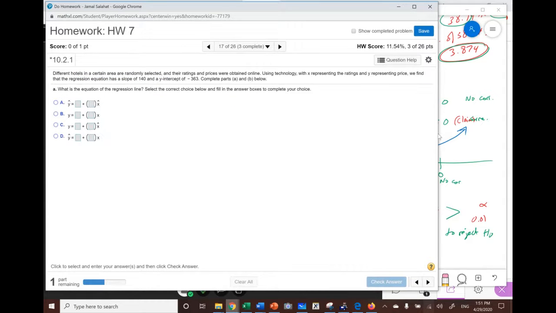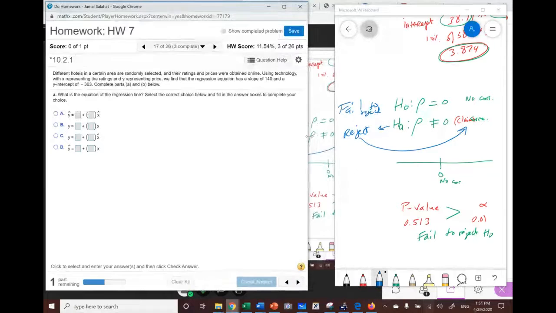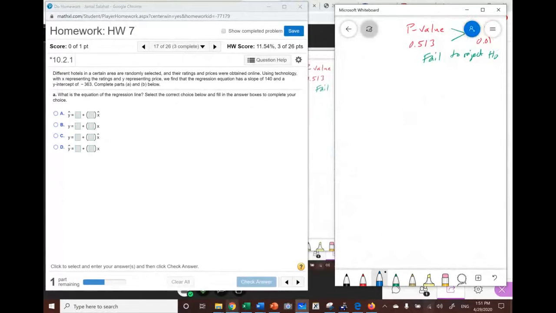Now, the one after, we talked about this in the live lecture. If we read the problem, it says different hotels in a certain area are randomly selected and their ratings and prices were obtained online.